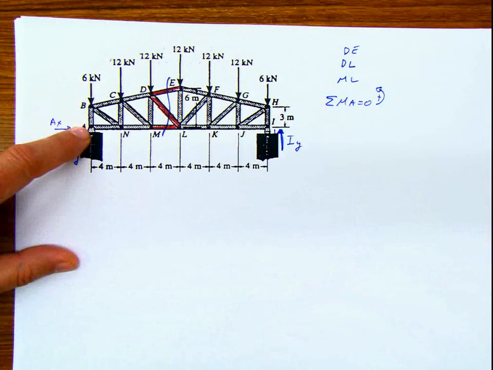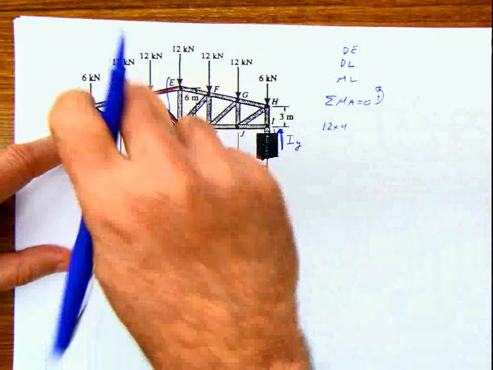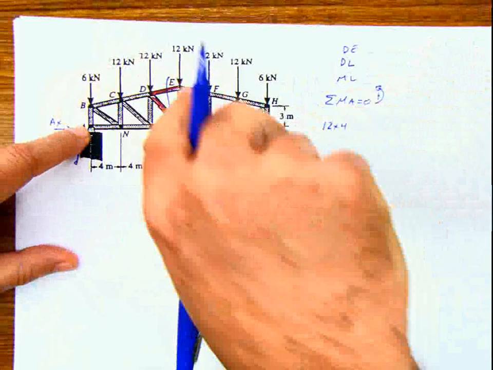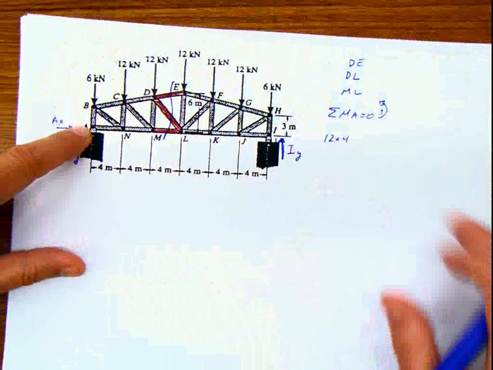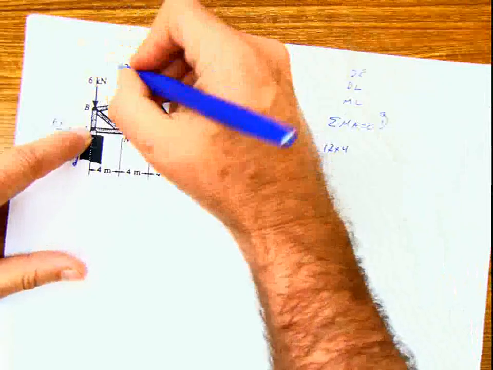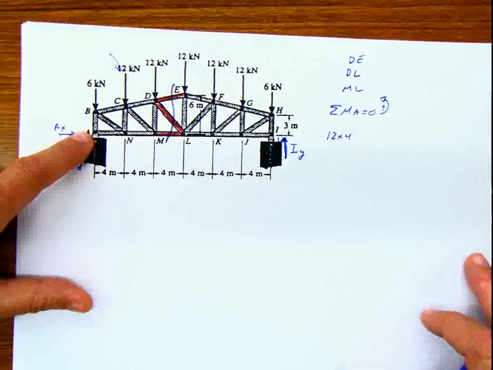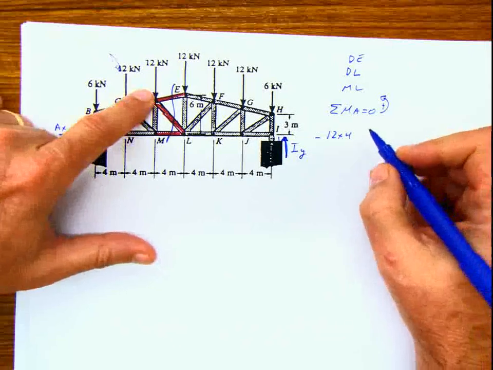If that is correct, then I'm going to have summation of moments here. I'm going to have 12 times 4, and according to this convention, if I say this is positive, then this one is going to rotate in the other direction, right? So if I push this here, it's going to rotate in this direction, which is negative according to the right hand rule. So it's going to be negative 12 times 4. What about this one?